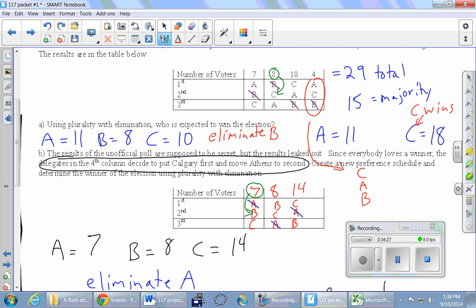When C won this election initially, who got eliminated first? It was B. And when B got eliminated, who did that really help? That really helped C, right? Because these were the people whose votes all of a sudden got shifted around. The people that really like B first, well, their candidate got knocked out, and they like C second best, and that's what gave C the victory.